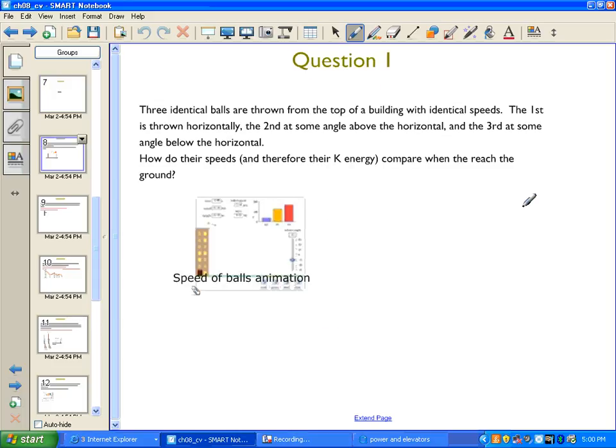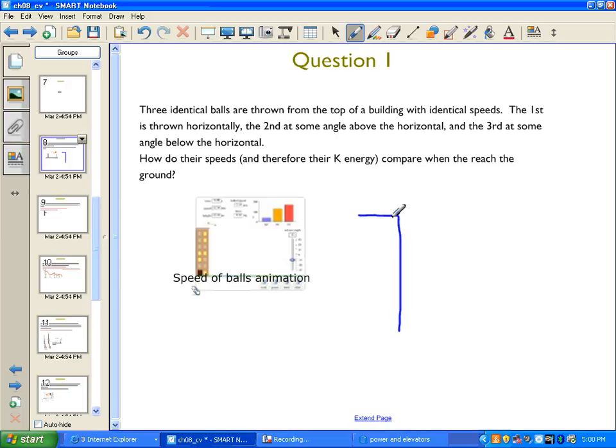Here, the question reads the following. Question 1. 3 identical balls are thrown from the top of a building with identical speeds. The first one is thrown horizontally. Let's go ahead and just draw a building.